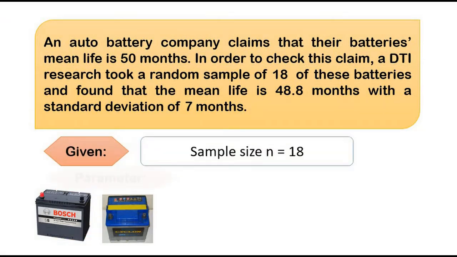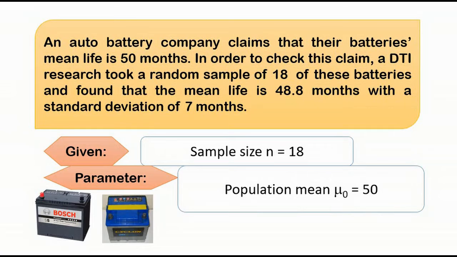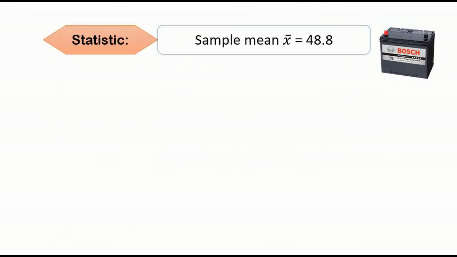Given: sample size n is equal to 18. Parameter: population mean mu is equal to 50. Statistic: sample mean x bar is equal to 48.8.